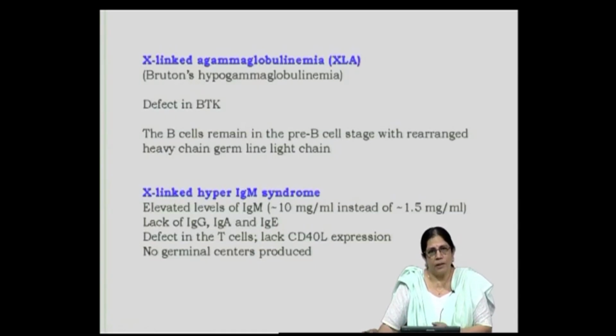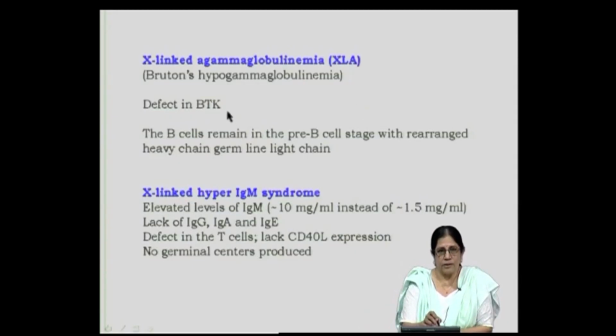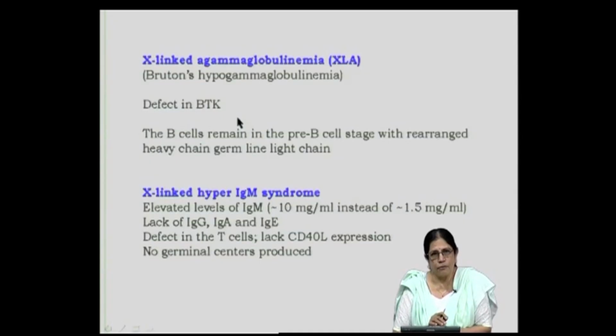If you remember, when I described the signaling events in B cells, Bruton's tyrosine kinase is one whose activation is one of the arms of the downstream processes from the ITAMs, or the immunoglobulin receptor activation, which activates a large number of molecules through phosphorylation. BTK is again another phosphorylating enzyme, and defects in it have been shown to have a severe effect on the development of the B cells themselves.